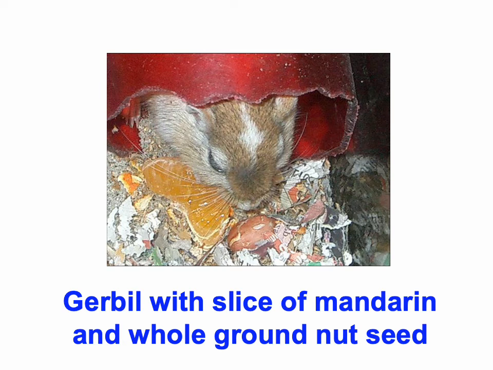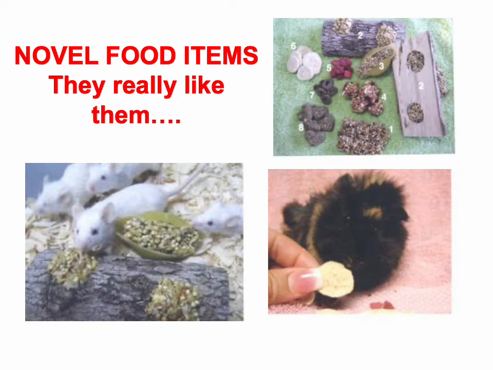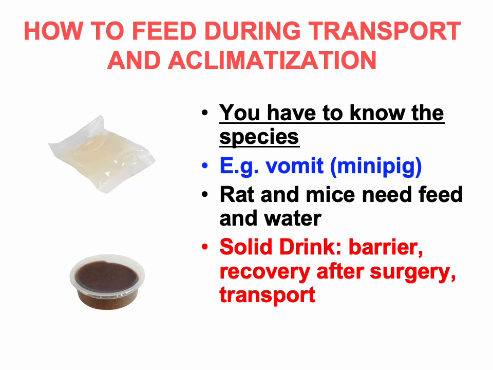Especially you can give natural feed particles, slice of mandarin, whole groundnut, seed, or novel food items. You can see that compressed into holes in a wooden block or compressed in a pasta shell or freeze-dried feed sources can be given as a treat.